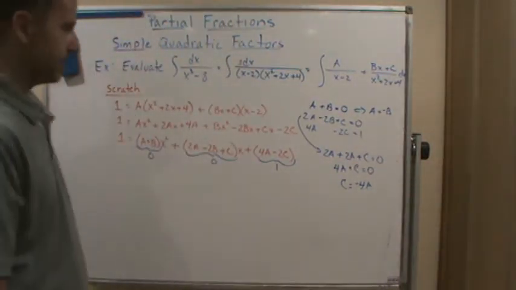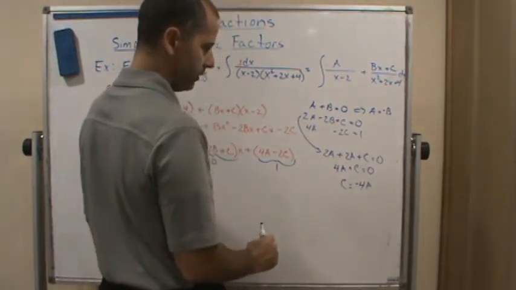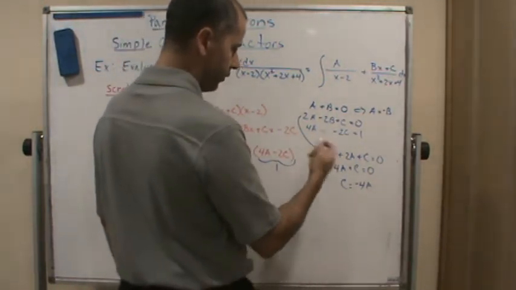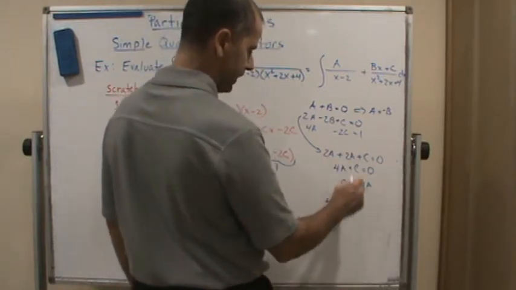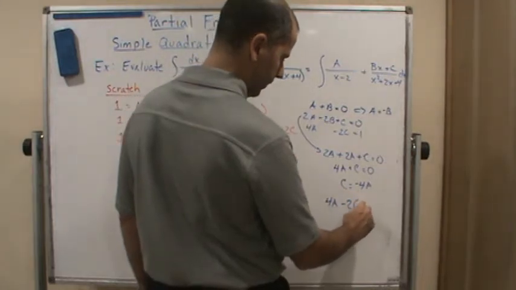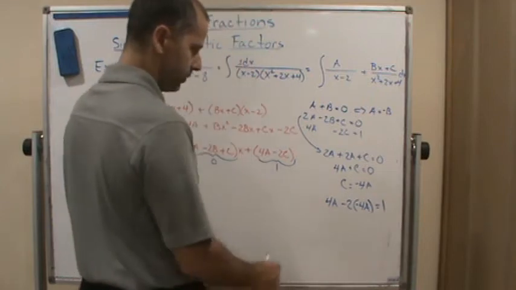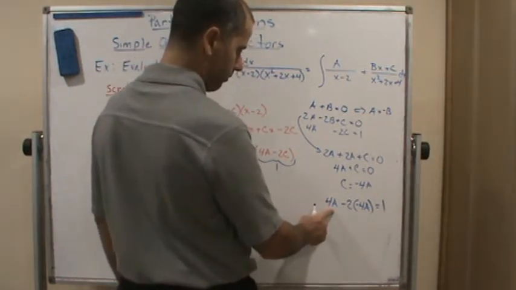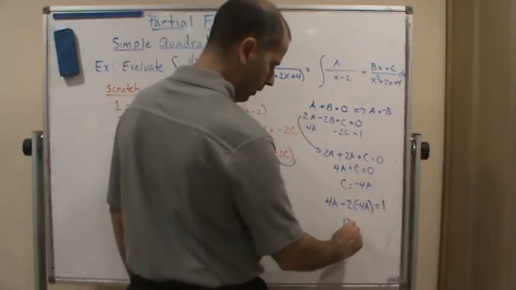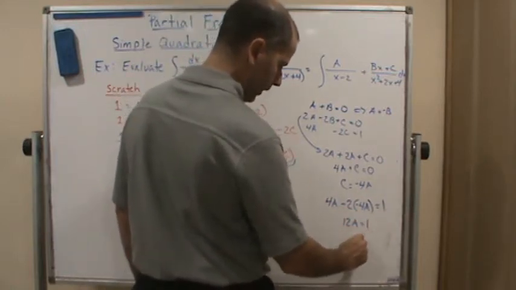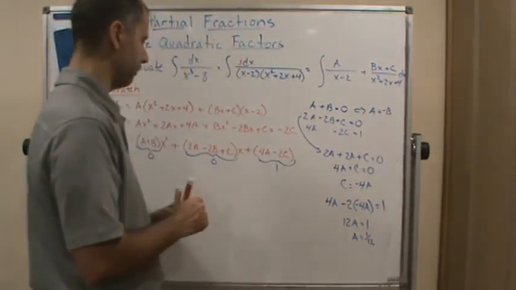Good, because now I can use this in the third equation to solve for A. In the third equation, I get 4A minus 2C, but C is equal to negative 4A, equals 1. And so now I get 4A plus 8A, which gives me 12A equals 1, and so A equals 1/12.